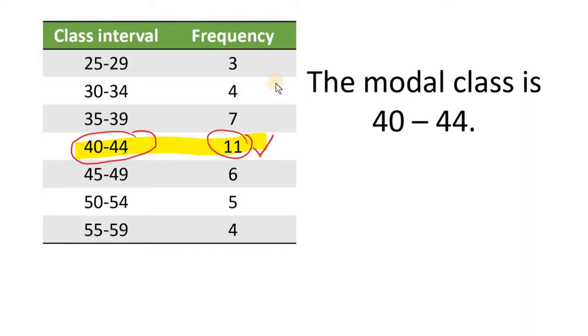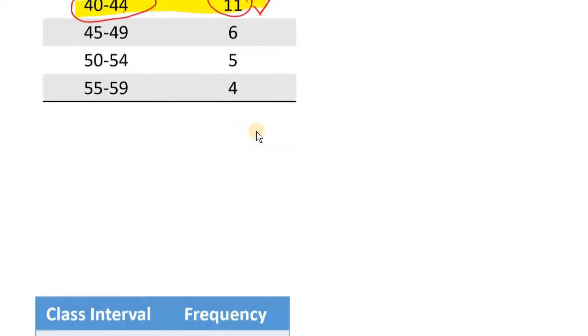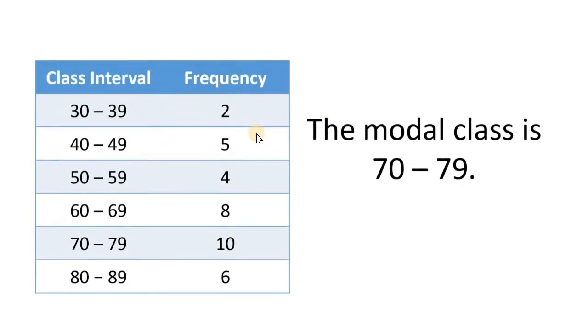Let's look at another example. Same thing, based on the frequency table, identify the modal class. Based on here, the highest frequency is 10, so the modal class will be 70 to 79, because this class interval has the highest frequency.